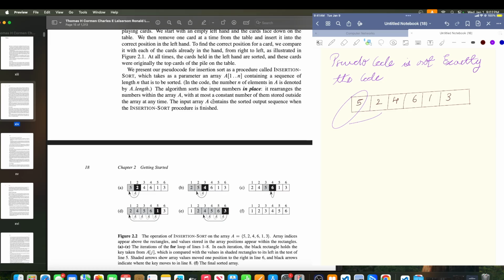We check: 5 is greater than 2, so we move it. Then what we have is 2, 5, 4, 6, 1, 3.